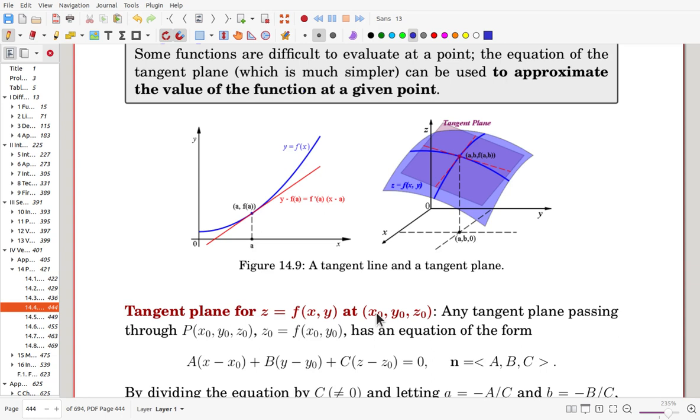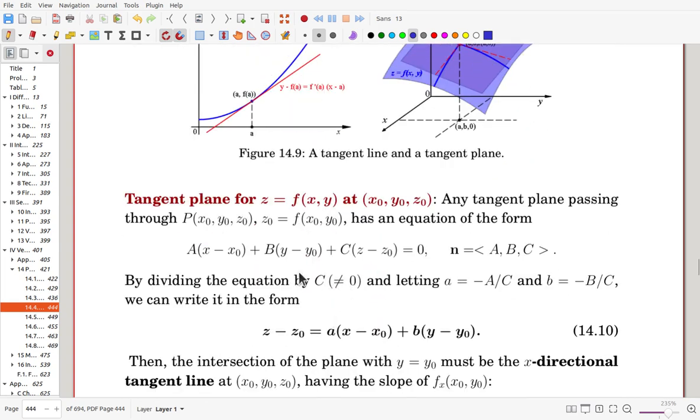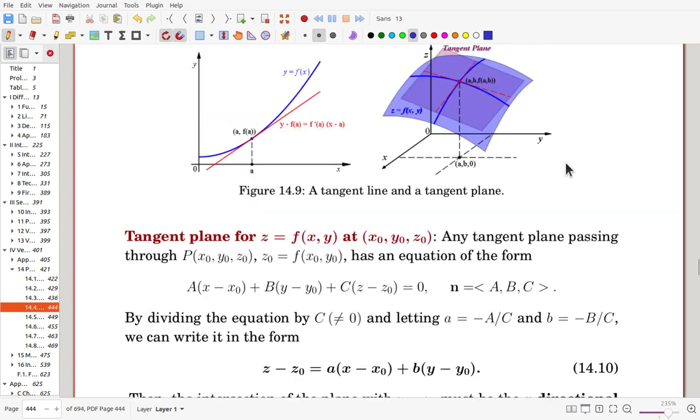Any tangent plane passing through the point has an equation of the form A(x − x0) + B(y − y0) + C(z − z0) = 0, where x, y, z is an arbitrary point on the tangent plane, x0, y0, z0 is the given point, and capital A, B, C is the normal vector.